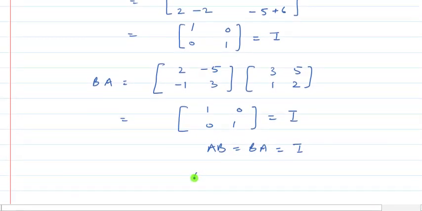Therefore we can say that B is the inverse of matrix A, or we can write A is the inverse of matrix B.